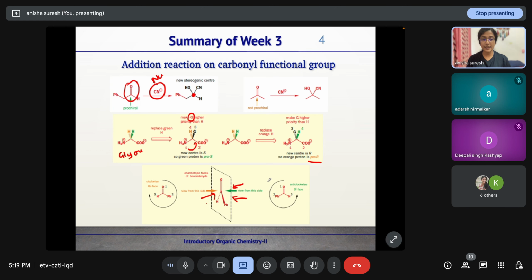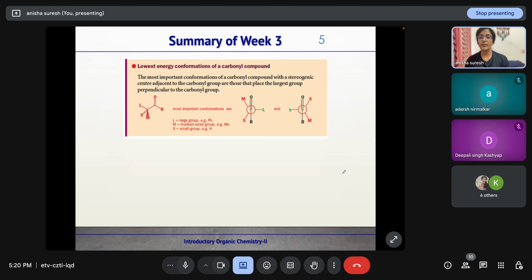So these faces are known as enantiotopic faces. Attack from the Re face will result in the enantiomer of the product that results from attack from the Si face. So that is why these faces are known as enantiotopic faces.